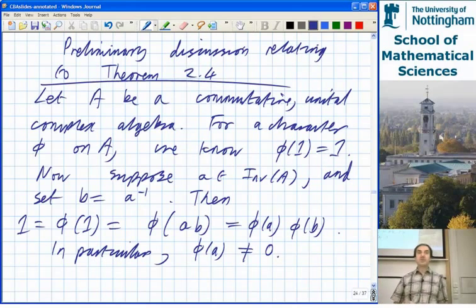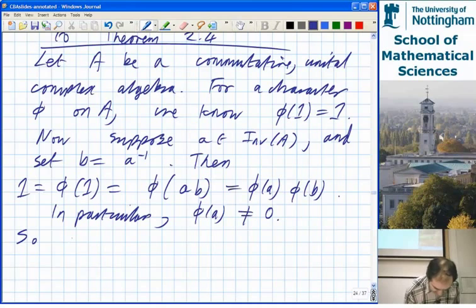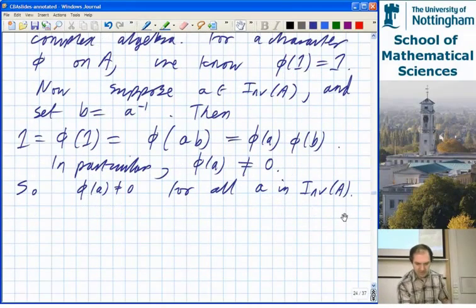If you've got an invertible element and you've got a character, then phi of a can't be 0. And that's what we're going to use to prove Theorem 2.4.